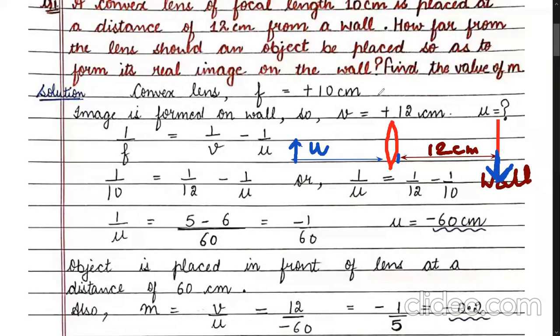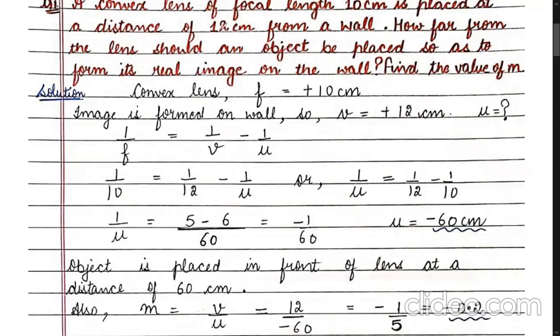Children, according to the sign convention, we will take v to be positive, since it is on the right side of the optical center. So now let us continue further. Let us use the lens formula, that is 1 by f is equal to 1 by v minus 1 by u.